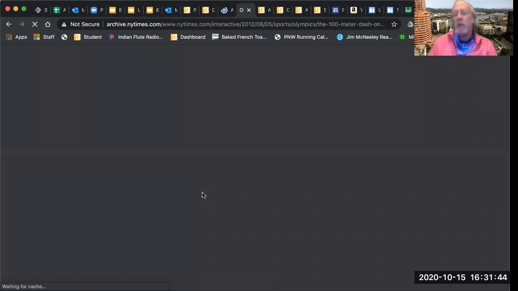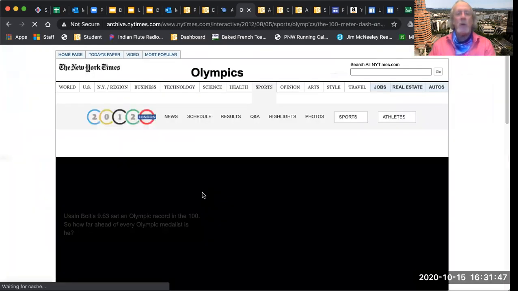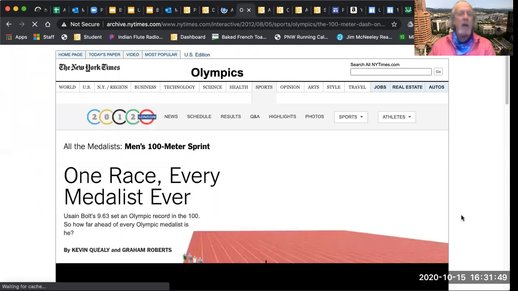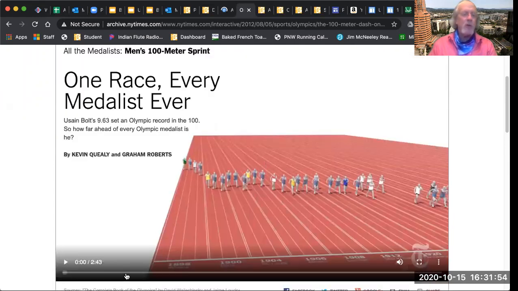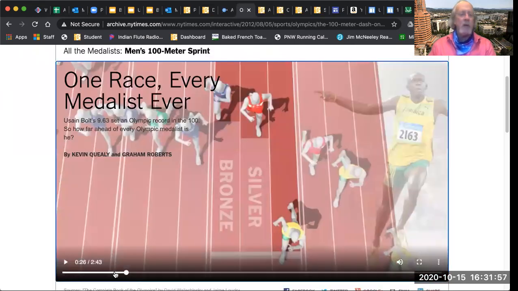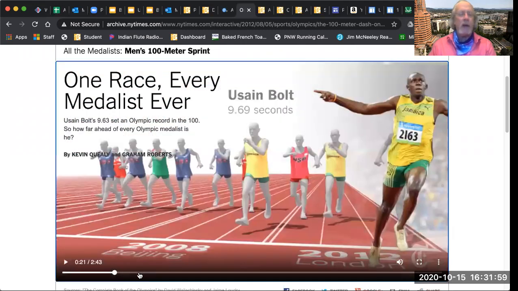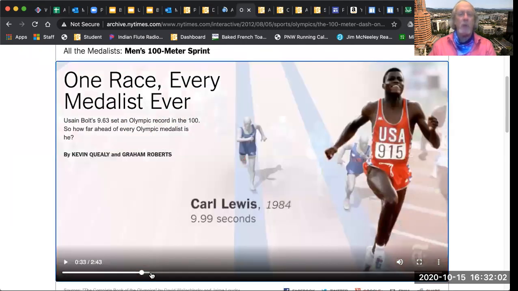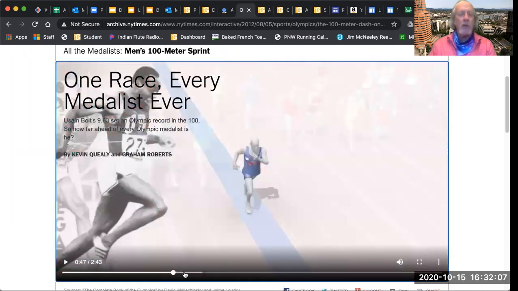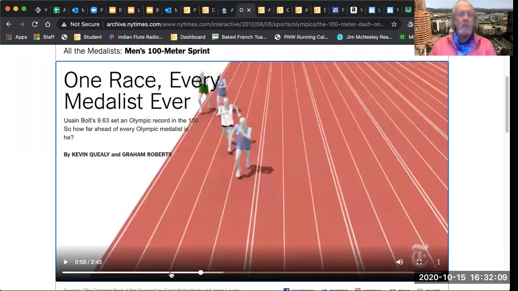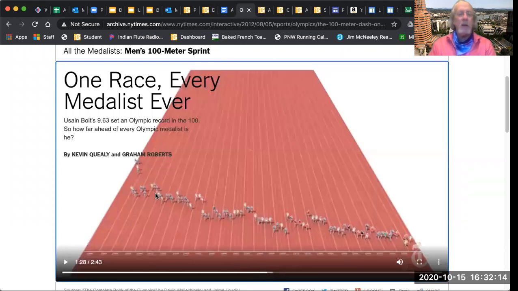The first one they chose was how fast men have run the 100-meter sprint. When we look at this over very long periods of time, we see a near constant improvement to present day.